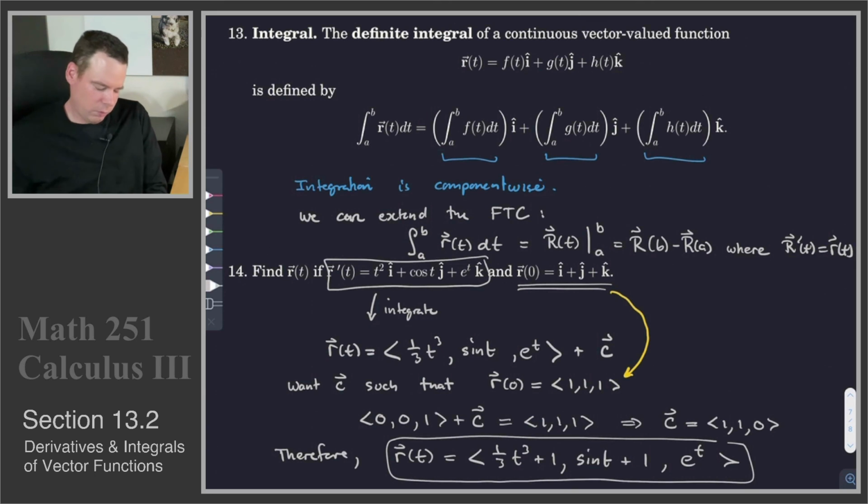And so there's our function, r of t, and it is precisely the function that has the property that when you differentiate it, which you can do, just a quick mental check, we get t squared, cos t, e to the t, and that's exactly what we wanted. We wanted it to differentiate to give us that. And when we plug t equals 0 in, we get 1, 1, 1. So not only did we find the result, we actually double-checked that it is indeed the result we wanted.